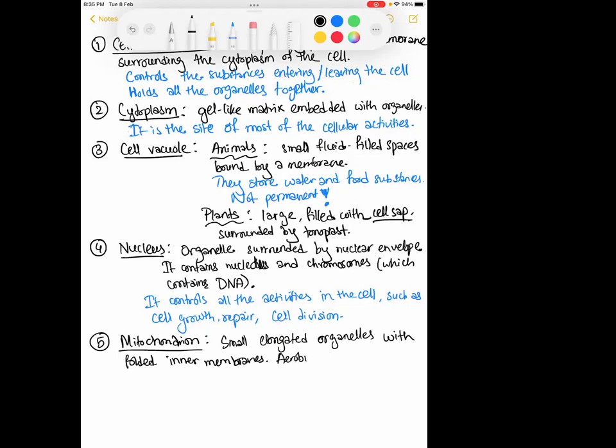The function is aerobic respiration. So aerobic respiration takes place here. That is where energy is generated, you know?